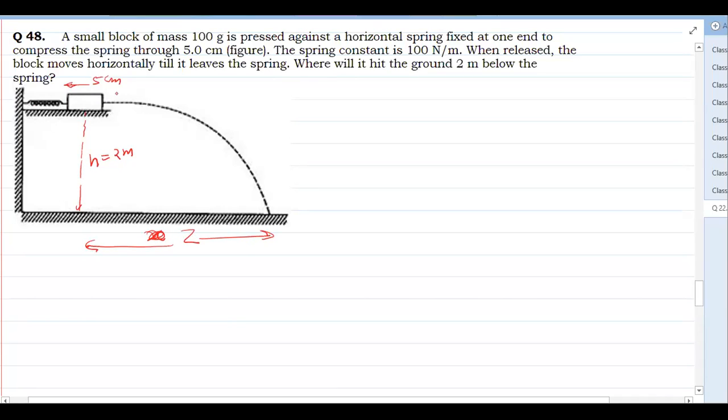So first we will find the velocity of projection here. With what velocity it will be separating from the spring. So for that, I'm directly writing because we have already done many questions based on this.